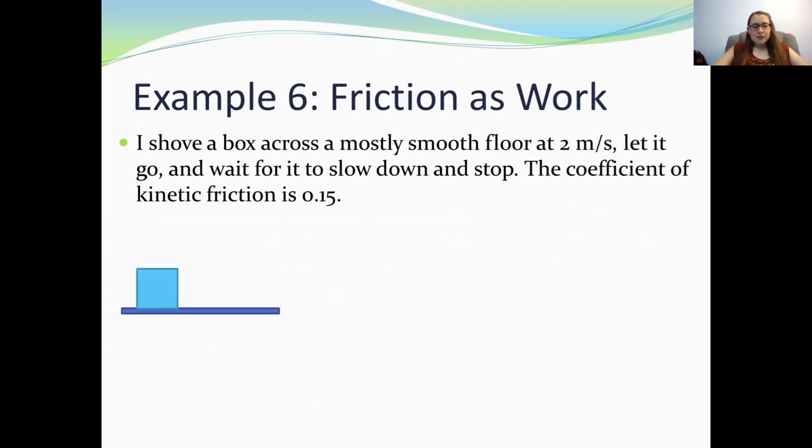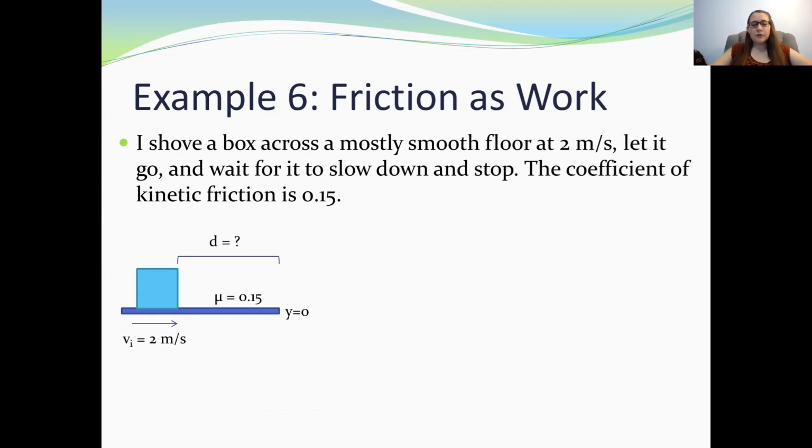So let's take a look at our scenario now that we've thought through some of those initial questions. Right, here's our box on the floor. Initially, it's moving at 2 meters per second, and the coefficient of kinetic friction between these two surfaces is 0.15. So we want to know how far it will slide before it stops.